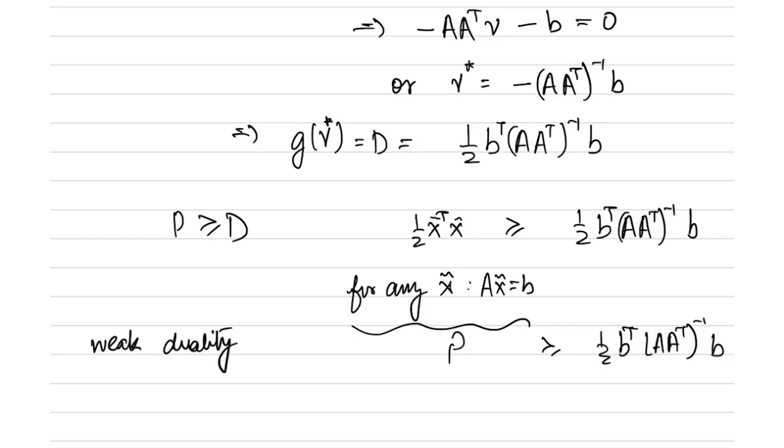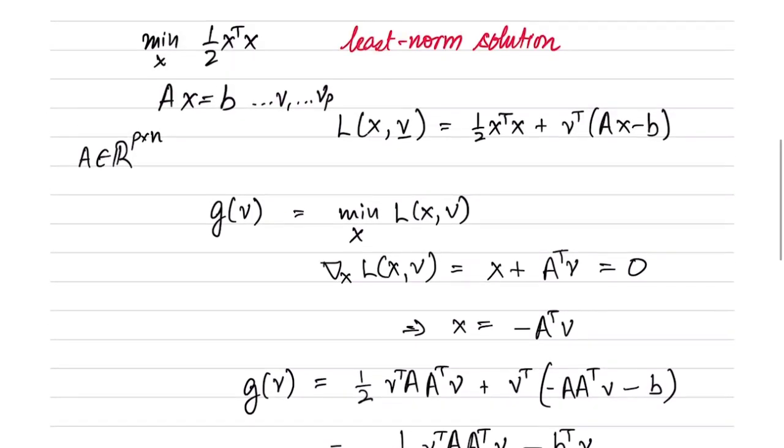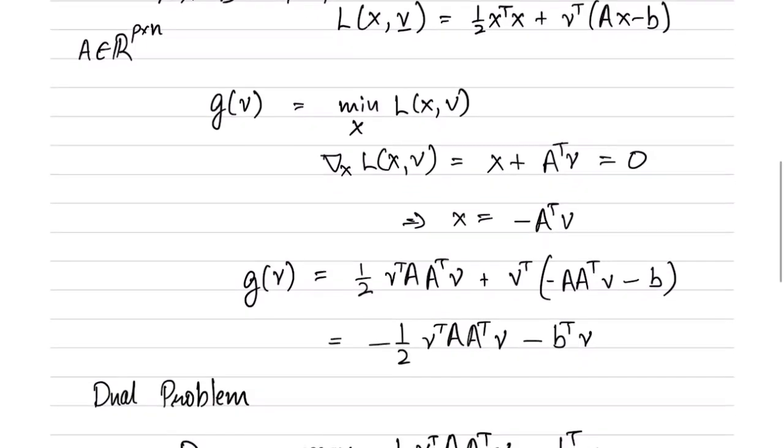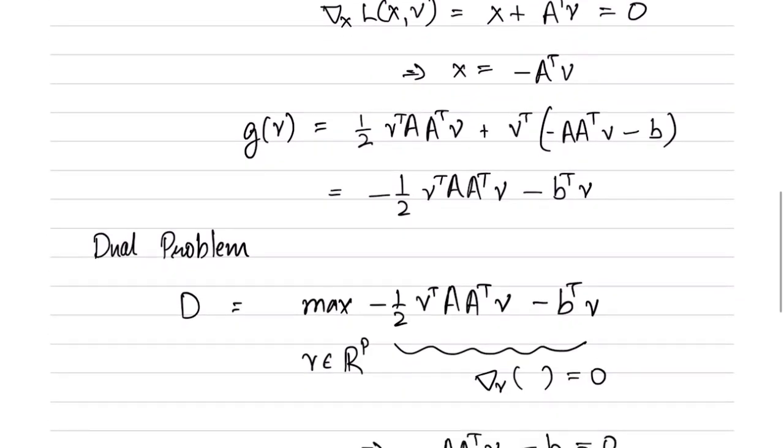This was really a simple example because there was no need for us to find a lower bound on this least norm problem, as we can directly solve it. But this is just an example to show how the dual function is constructed and how you calculate the dual problem.